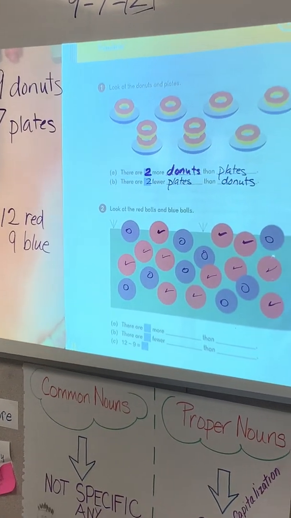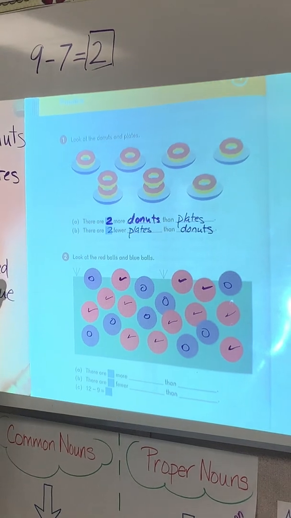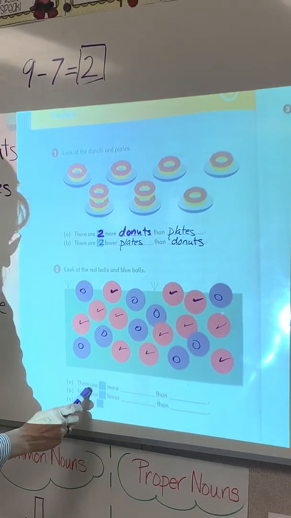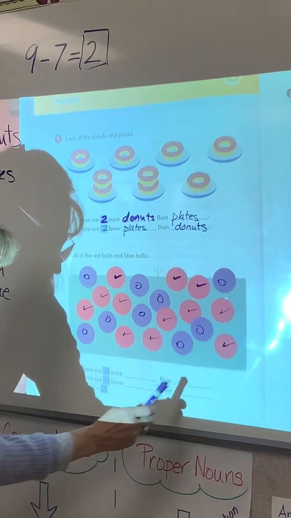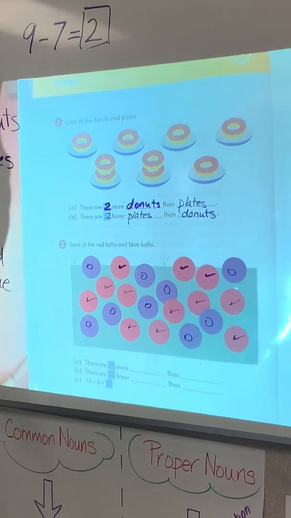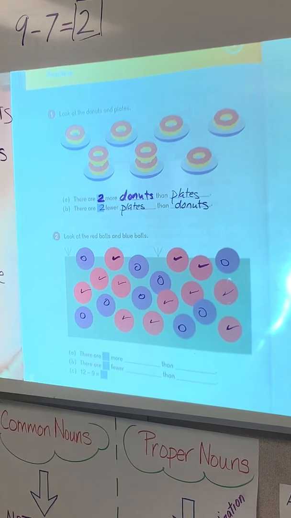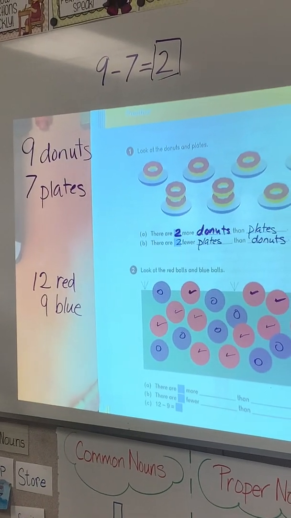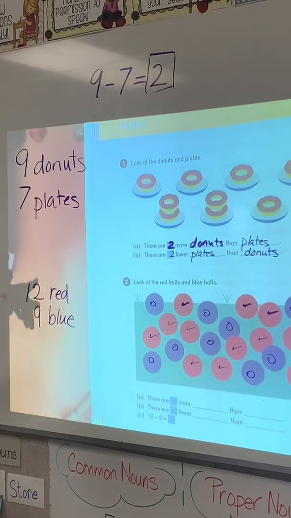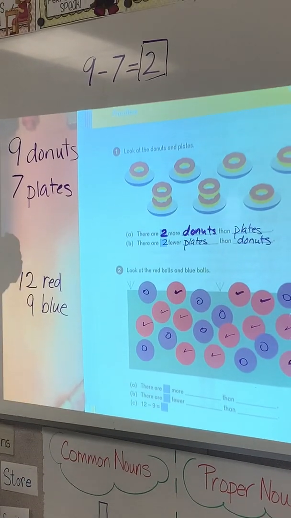All right, now we're ready. Now we can answer our questions. There are blank more blank than blank. So which category do we have more of? That's right, we have more red balls, don't we? So we want to know how many more red balls we have.